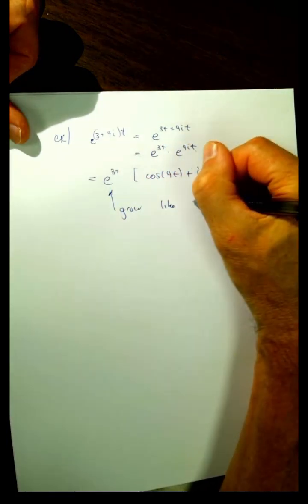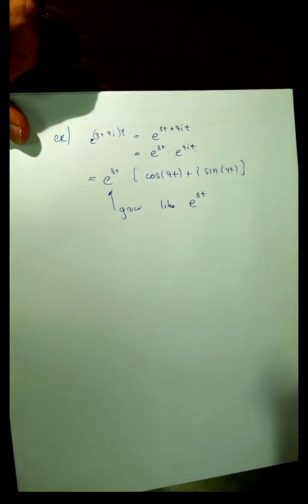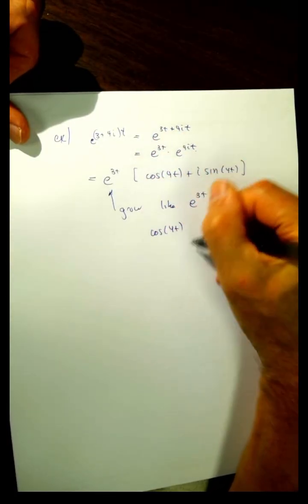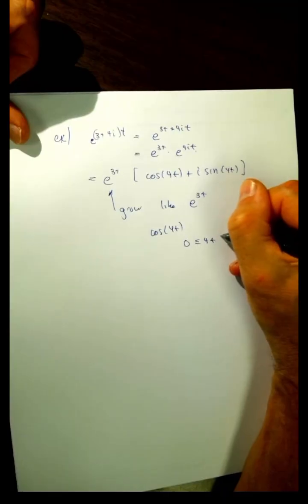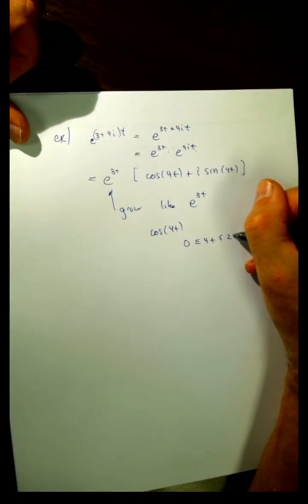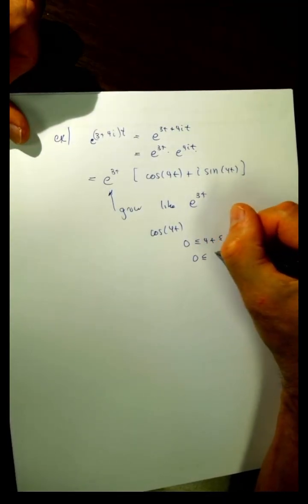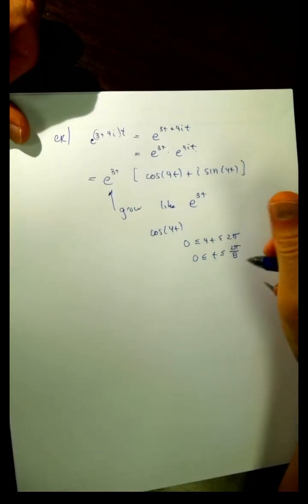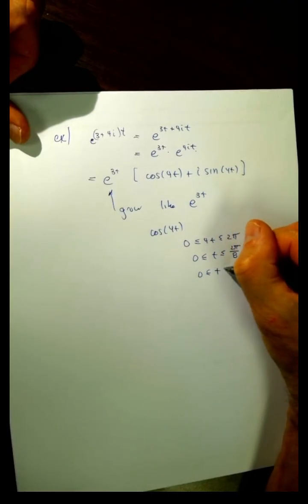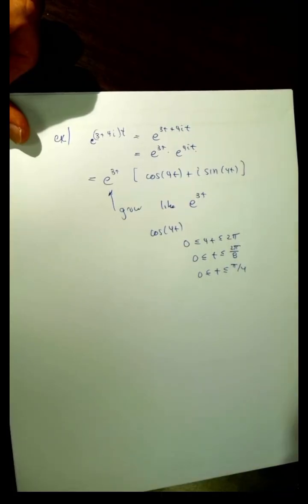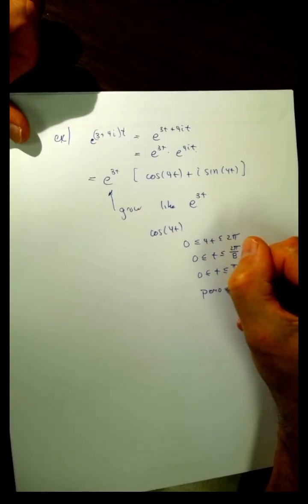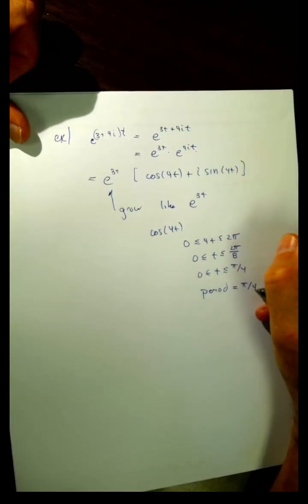This is going to grow exponentially like e to the 3t. And then I've got cosine of 4t. So as the argument goes between 0 and 2 pi, t is going to go, so I divide through by the 4. As t goes from 0 to pi over 4, it's going to go through one whole cycle. So the period is pi over 4.